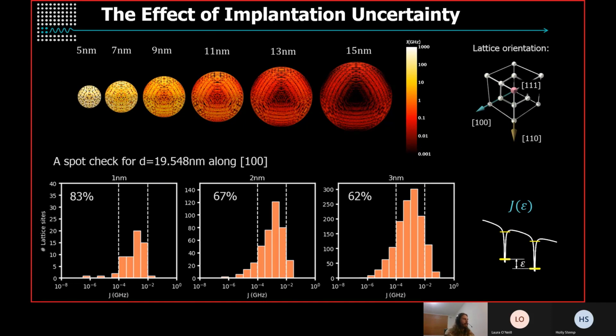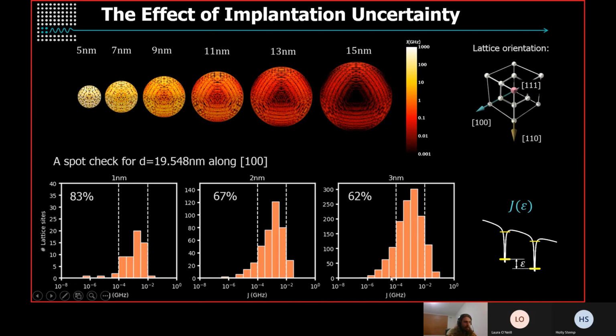Then I varied the position of the second donor, the one away from the origin, in a sphere around its original position of 1, 2, and 3 nanometers, calculated the corresponding exchange values and put them in the histogram here. You can see that even for the 3 nanometer sphere, still 60% of donor positions give you a viable exchange value.